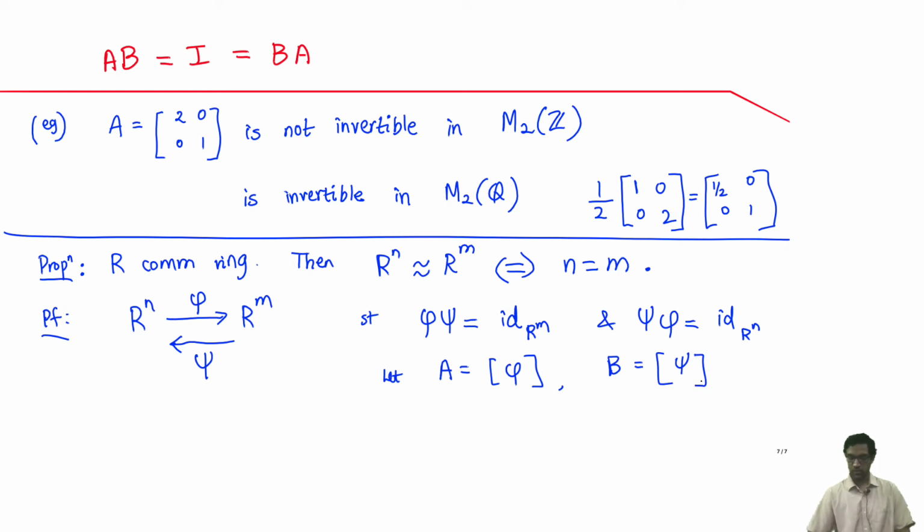Okay, so let's see what the sizes are. A is m cross n and B is n cross m. We need to prove that m and n are equal, so we'll make an assumption. Suppose m is the smaller of the two; we can repeat the same argument for the other case.